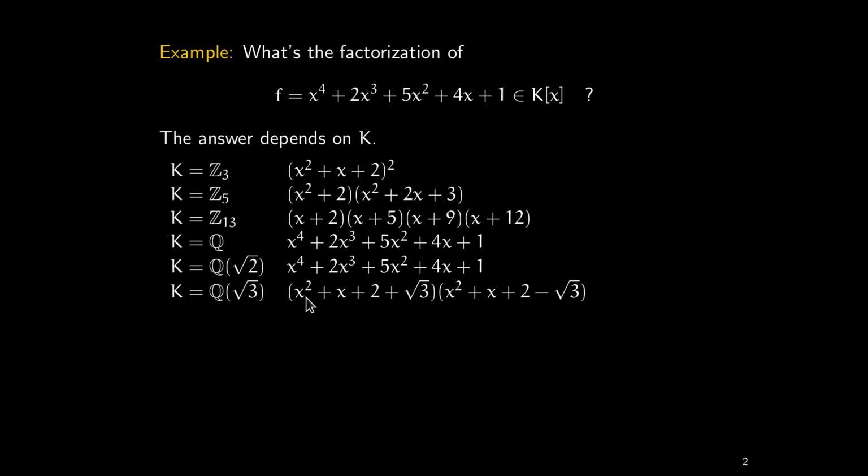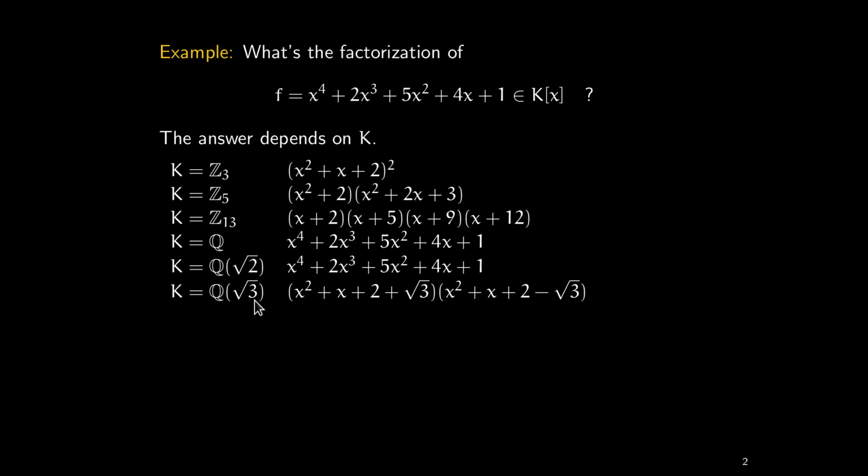If you take square root of 3, then this polynomial factors over this field because you can write it like this. Of course, the factors would somehow have to involve the square root of 3 because there's no factorization over Q. But the statement in the previous line says that there's no such factorization that you can form using square root of 2 instead of square root of 3.